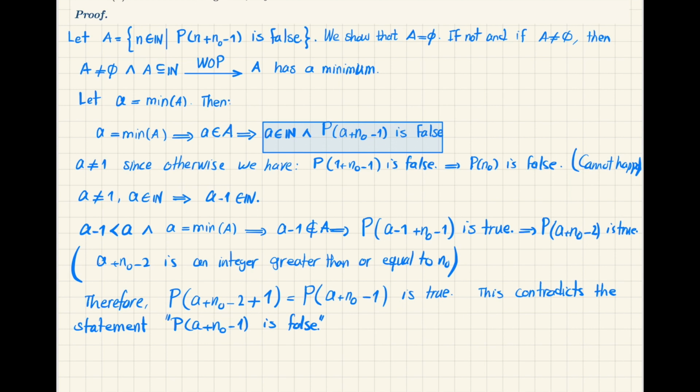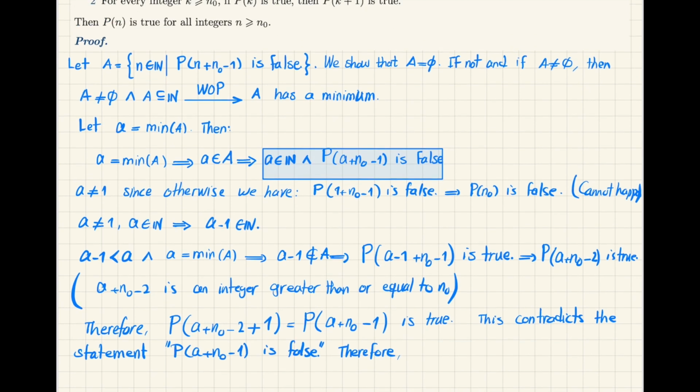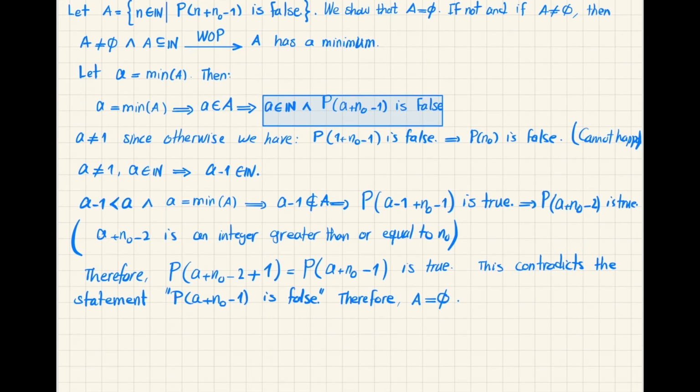Okay, so therefore this assumption that A is not the empty set gives rise to a contradiction. So we have to admit that A is equal to the empty set. Okay.